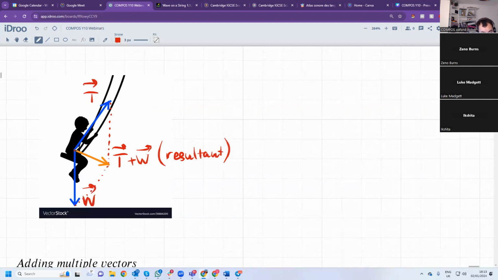And as you know, children on a swing usually go that way. That's the way the child goes, right? Because there are two forces and the total force is that way.